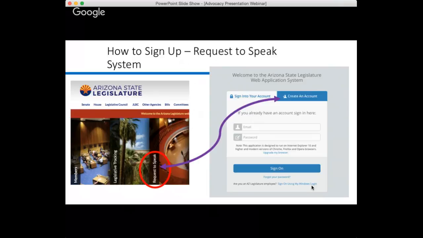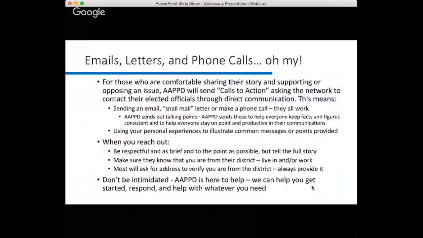You can either sign in or create an account. You will want to create a new account. Remember that that new account will need to be verified at the Capitol, and Goodman Schwartz staff are happy to help you with that. So please, if you do sign up, let us know, and we will absolutely verify your new account at the Capitol, or walk you through how to do it yourself if you are there.